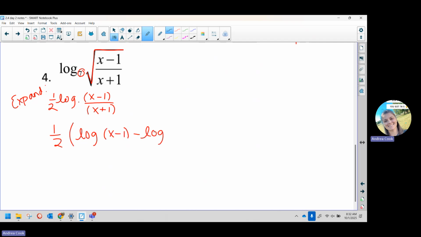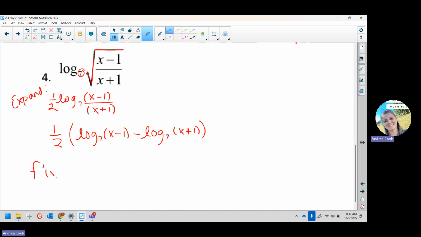I forgot my a. Sorry, 7. It's up to you if you want to put the 1/2 all the way in the front or with both of them, as long as you are showing somehow that the 1/2 applies to them. That's not the derivative yet, that's just expanding.